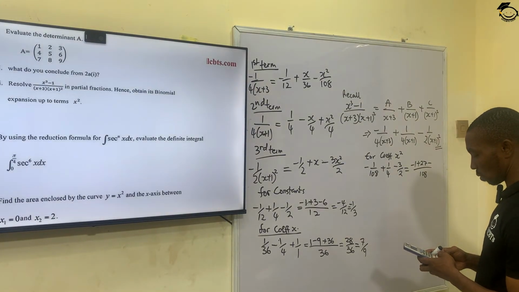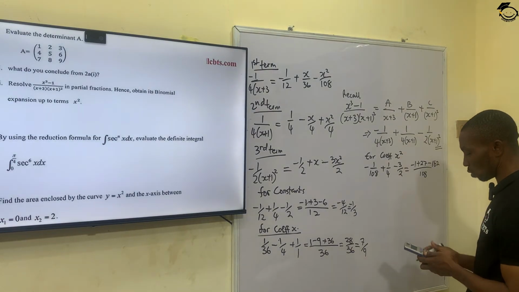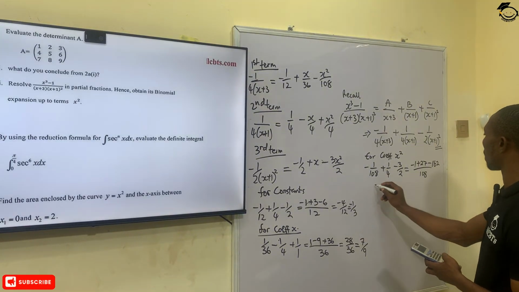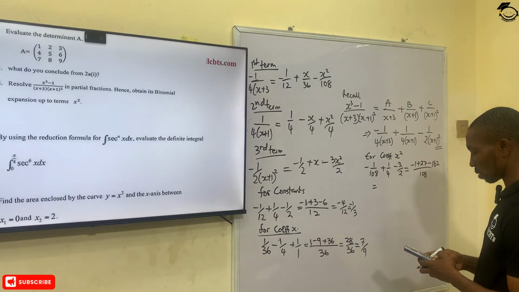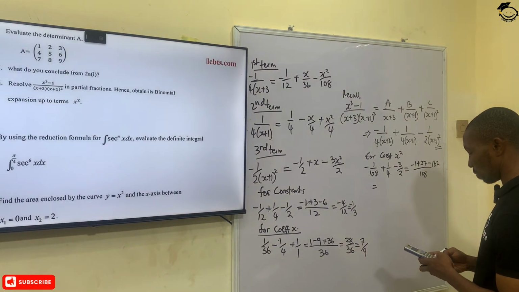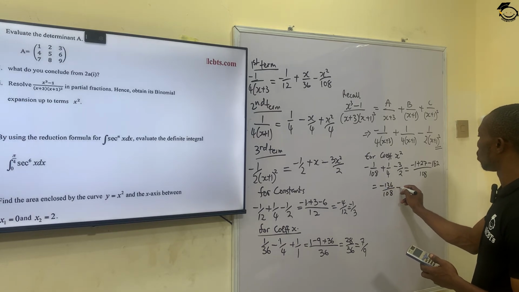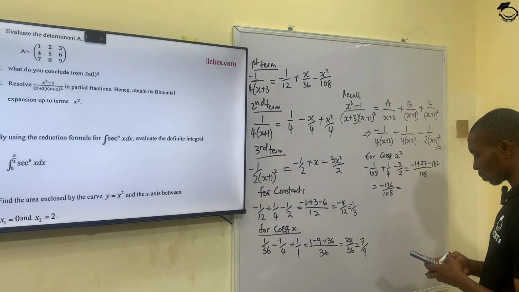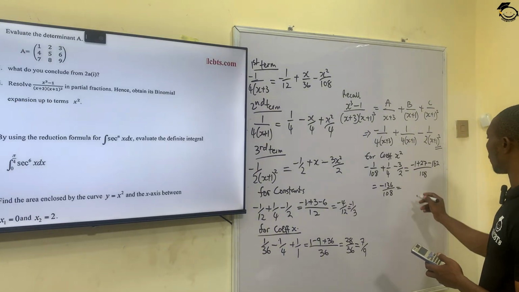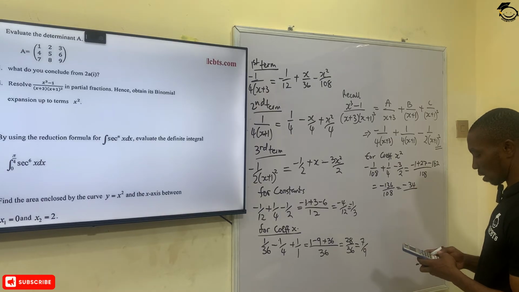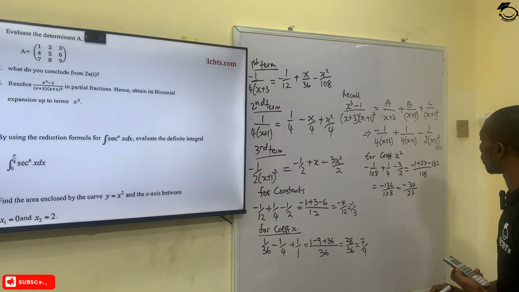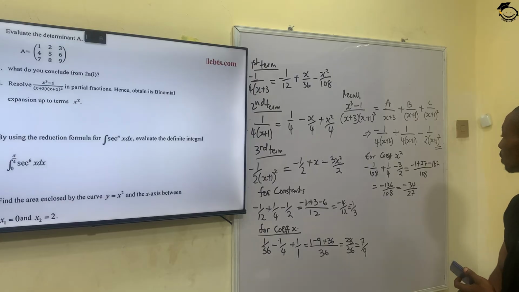So 54 times 3 will give us 162. So this we would have as minus 1 plus 27 minus 162 would give us minus 136 over 108, which if we break down will give us minus 34 over 27.